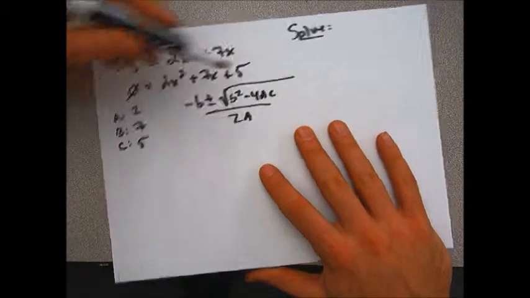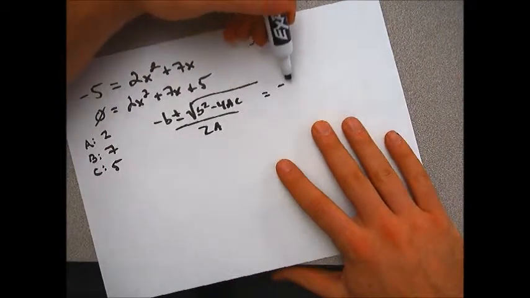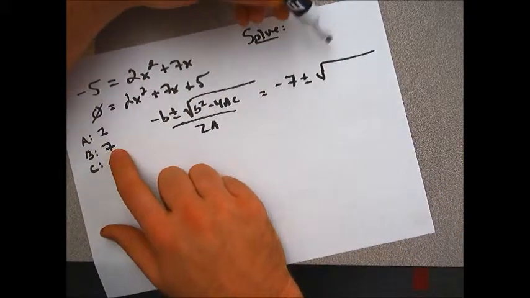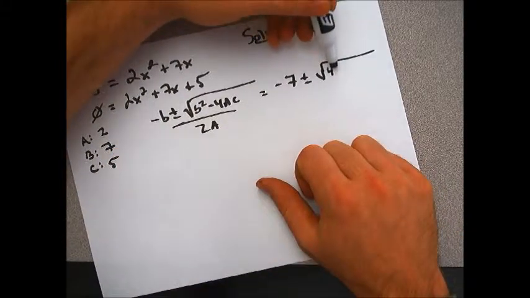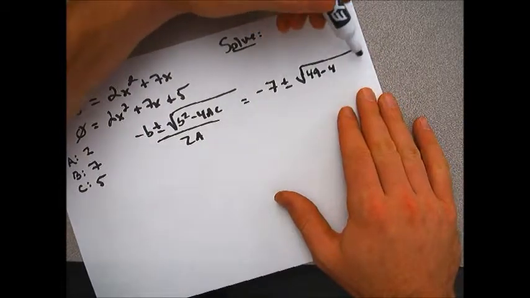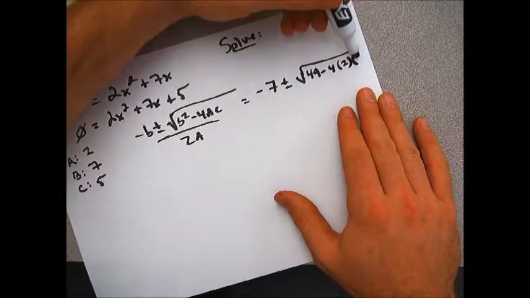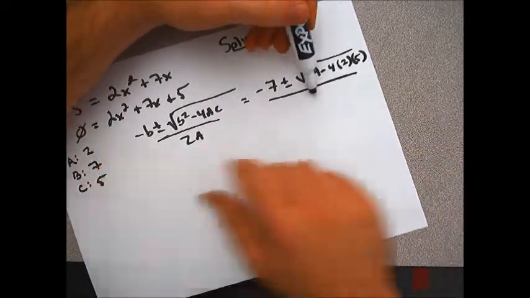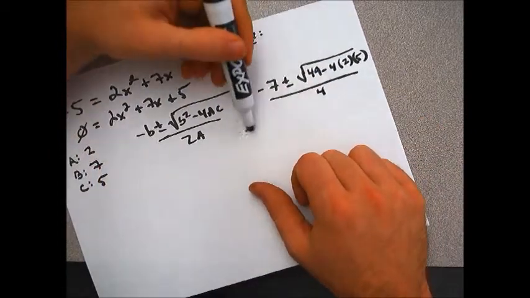So negative b gives us negative 7 plus or minus the square root of b squared would be 7 squared, which is 49, minus 4 times a times c all over 2a. And a is 2, so 2 times a is 4.